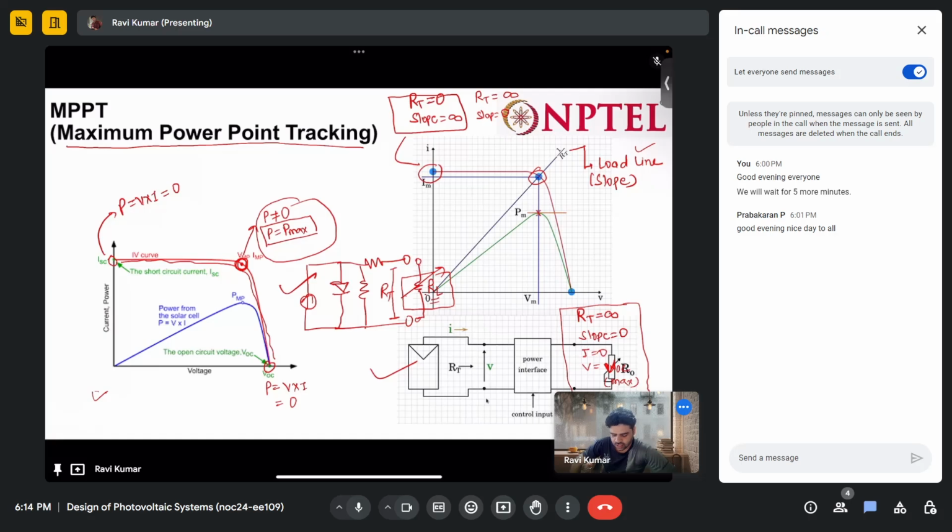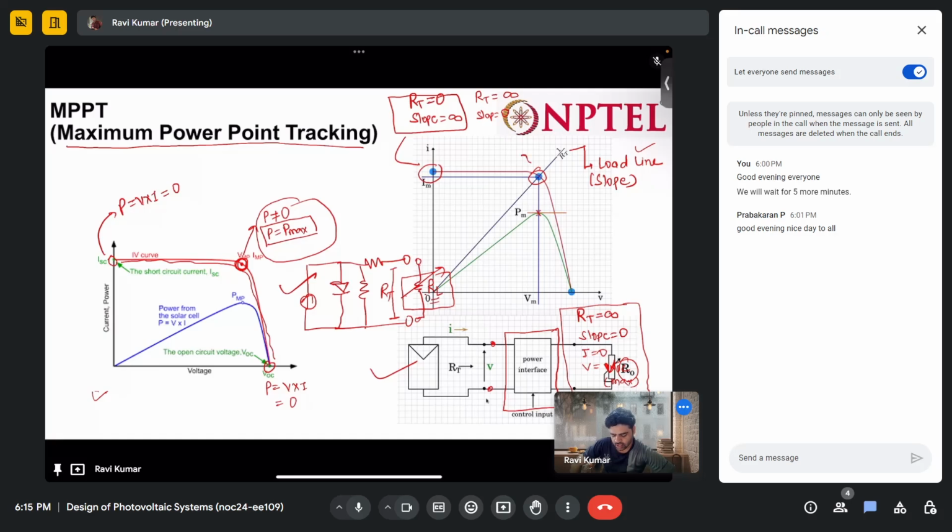So we cannot change this R naught to track this IV characteristic or to trace this maximum power point. So we have some device in between which changes the resistance towards this RT, towards this PV system. And by changing the resistance across these terminals, we obtain this particular point.